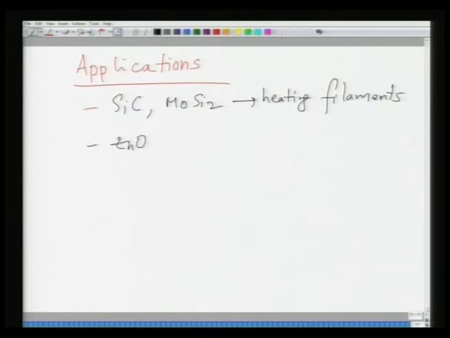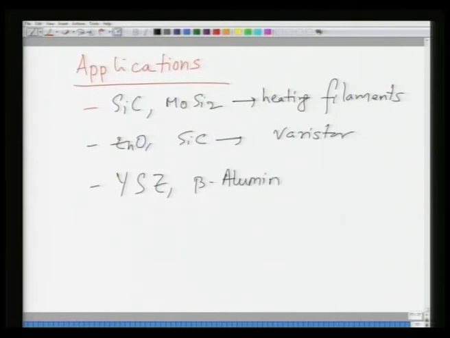Things like zinc oxide and silicon carbide are used as varistors, or devices for circuit protection. Solids like yttrium stabilized zirconia and beta alumina are used as fast ion conductors. They are used in batteries and fuel cells. YSZ is also used in gas sensing applications.